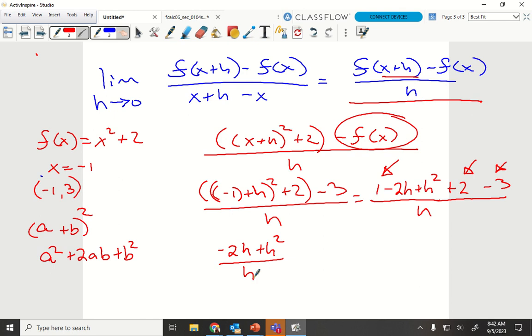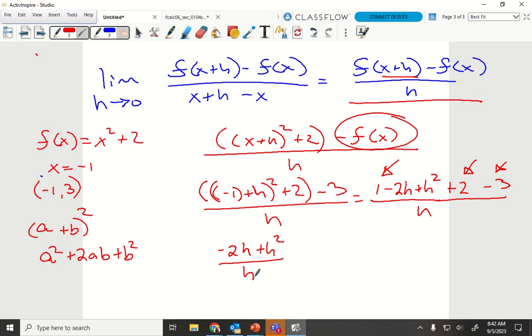Is there something in common in the numerator? h. They both have an h. Every time you see something like that, you should say F that. Factor. See what I did there? You could take out a common h.